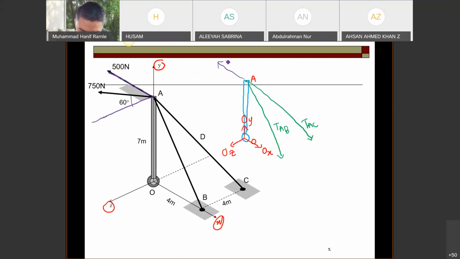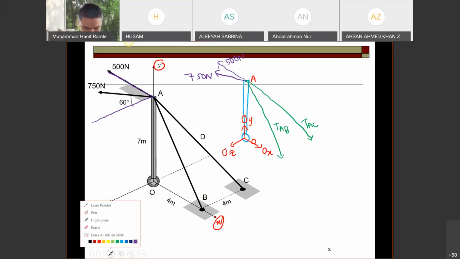500 Newton here, and also this one, 750 Newton. Okay, and the last one is of course the dimension. Put all the dimension.